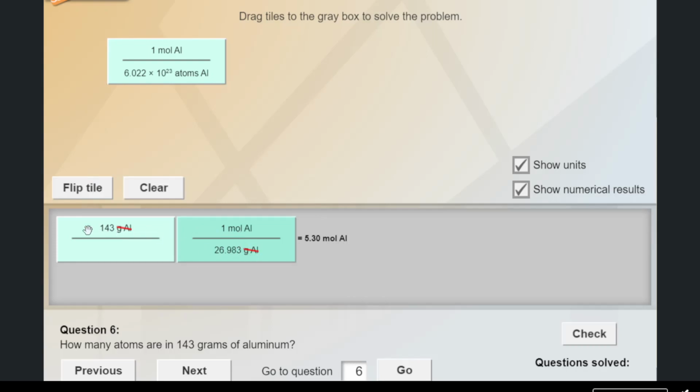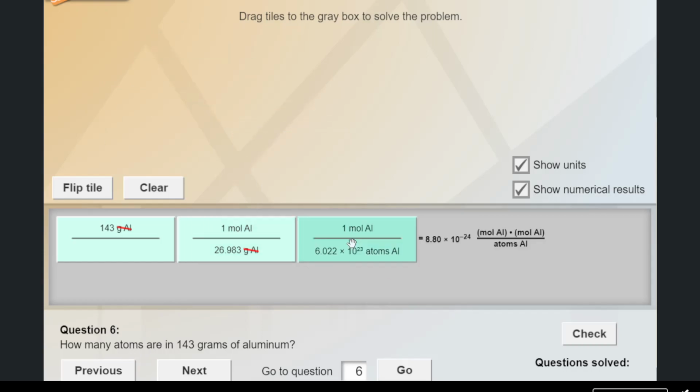We put grams on bottom, so it'll cancel. But we're not looking for moles, we're looking for atoms, so we're not finished yet. So we need a conversion that'll take us from moles, because that's what we have here, to atoms. An atom is a type of particle, so we use Avogadro's number. That goes in the next conversion.